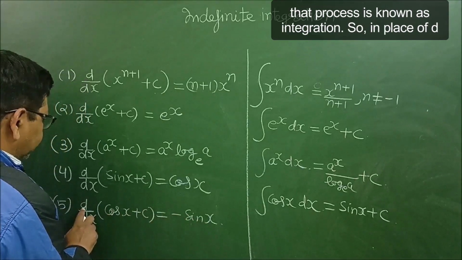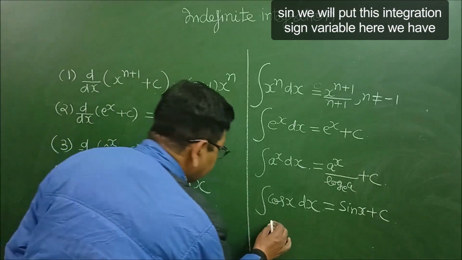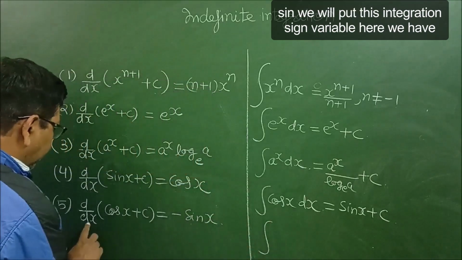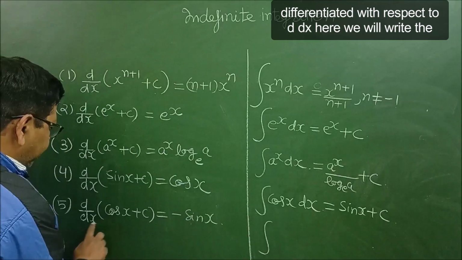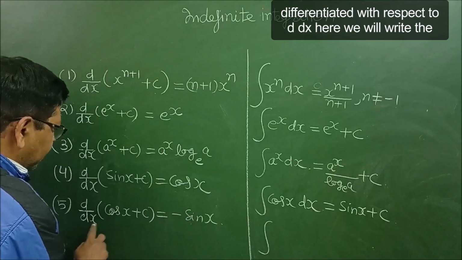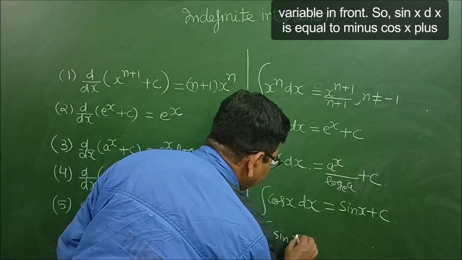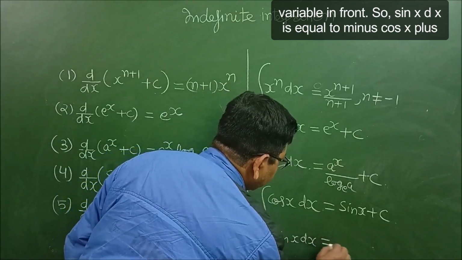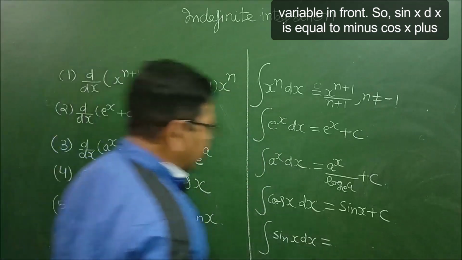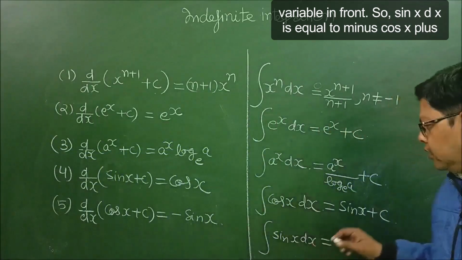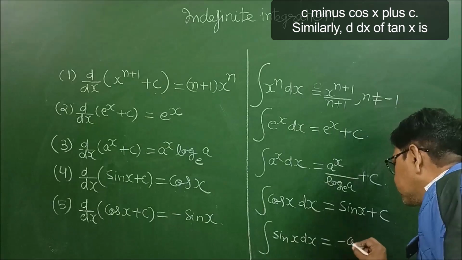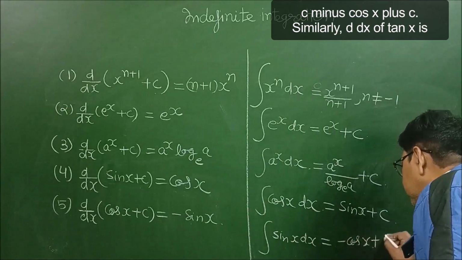So in place of d, we will put this integration sign. Here we have differentiated with respect to x as d dx, here we will write the variable in front. So integral of sin x dx is equal to minus cos x plus c.